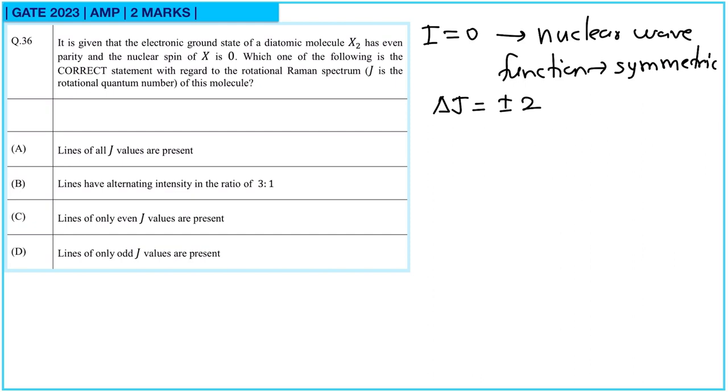This means that the rotational quantum number can change by 2 units during a transition. Now if we consider even J values, then they correspond to symmetric rotational states, and odd J values correspond to antisymmetric rotational states. So these should be symmetric, so only for even values you will get it. So option C is correct here.